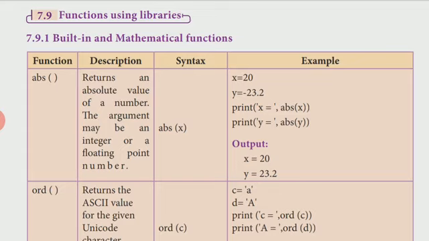The first function is ABS, that is the absolute function. So what is the use of this function? It will give the absolute number. Whether in the input we give a floating value, integer, any type of value, the output will be a positive number.